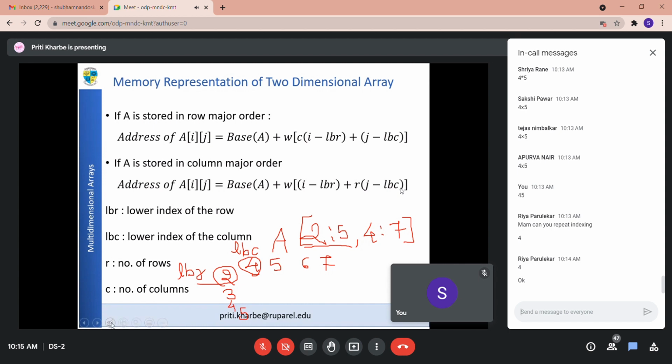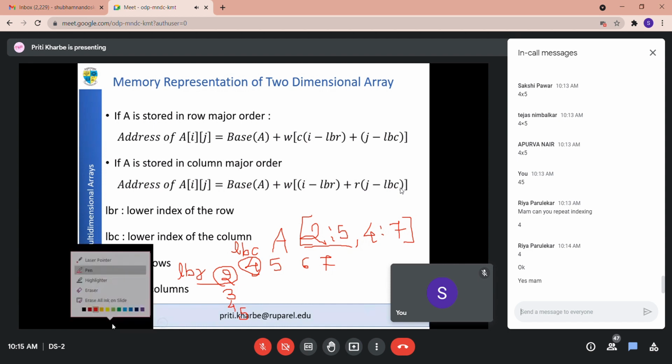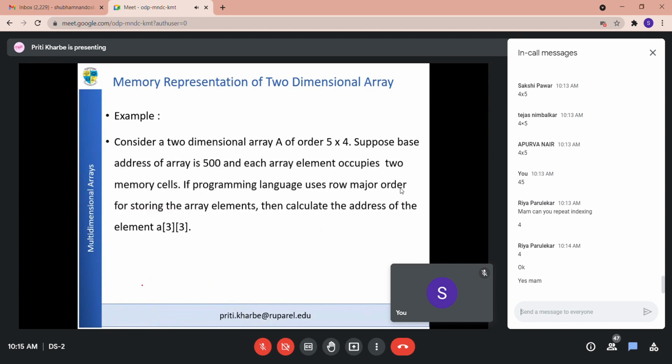Okay. So now let's go ahead with the numericals based on this. So first question. Consider a two-dimensional array. Read the question. I'm giving you 1 minute. Read the question. Then I will ask you small questions.